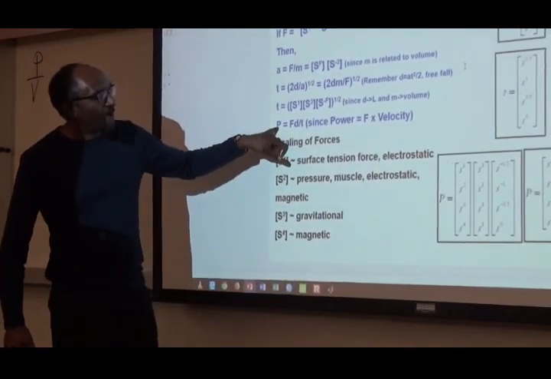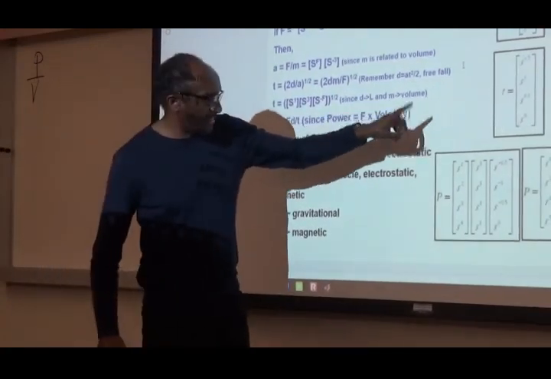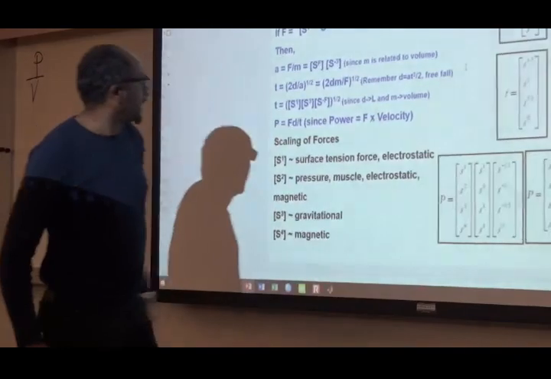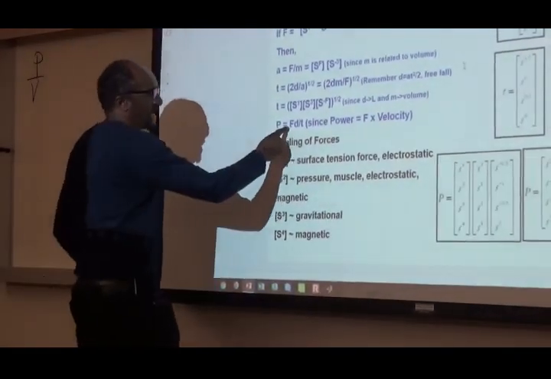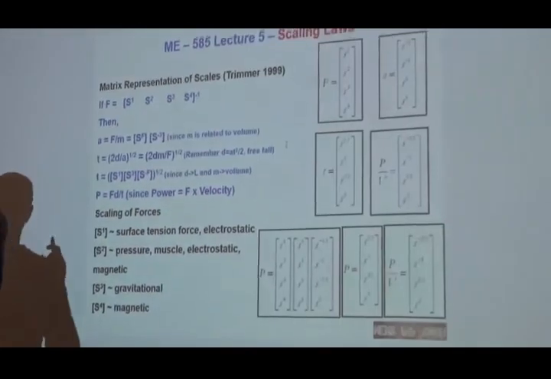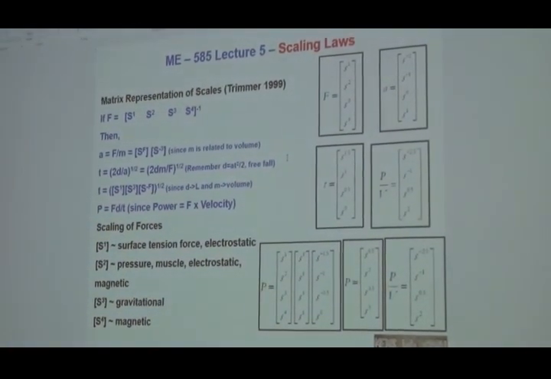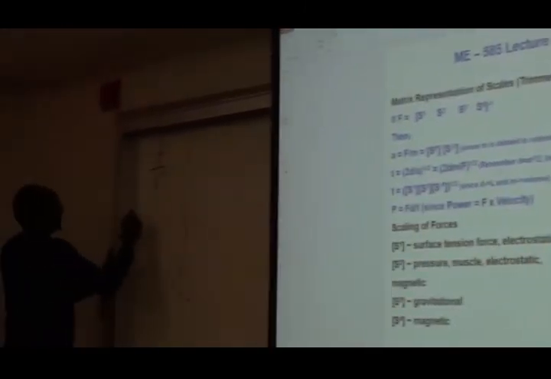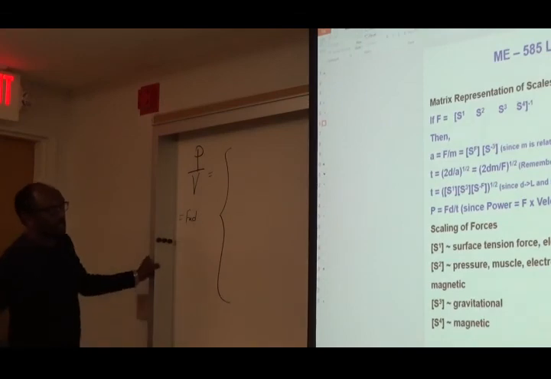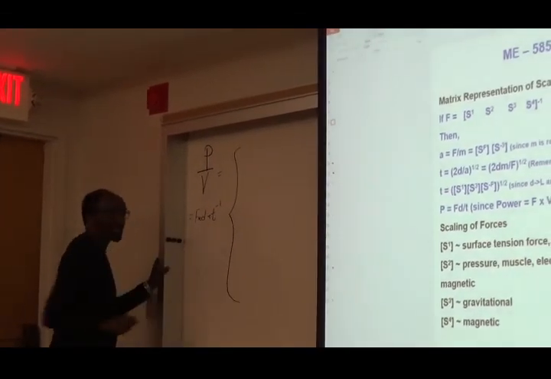Now, if I want to write P, so I skipped actually one thing over there. No, actually I have P over here. So P is going to be F times. So F is this guy. So let me write it out for you. Like I said, this is F times D divided by T, which is times T to the power minus 1.